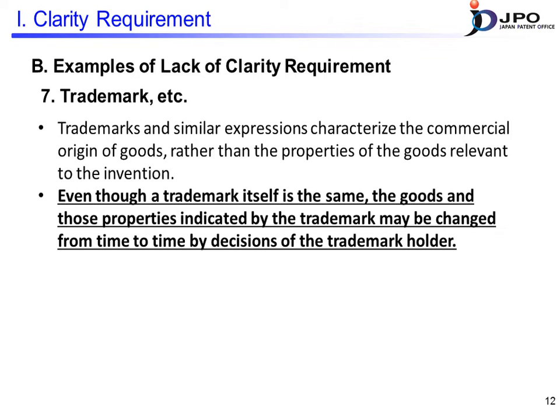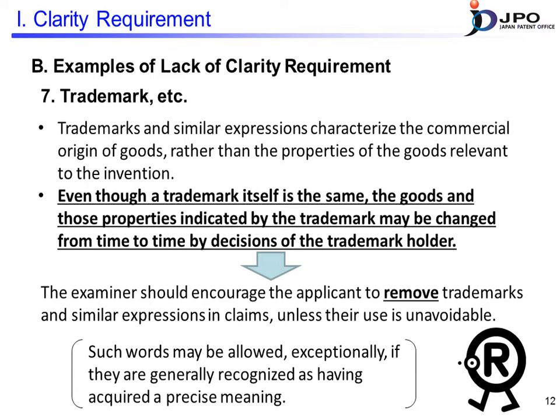So the characteristics of the goods to which the same trademark is attached may change over time. Therefore, if a trademark is used in the statement of the claim, the invention may become unclear. Examiners should invite the applicant to remove trademarks and similar expressions in claims unless their use is unavoidable.